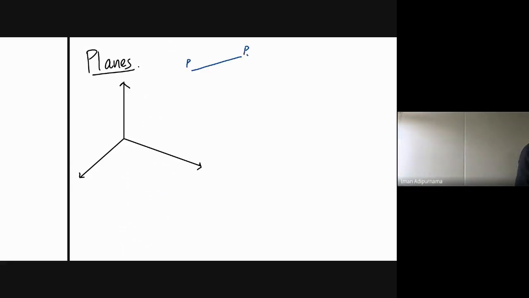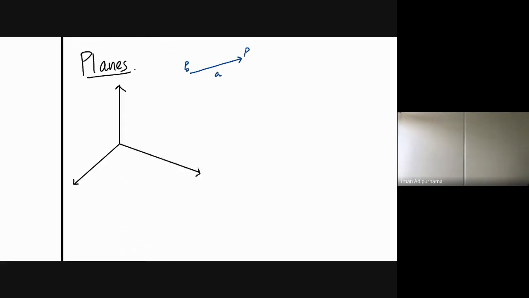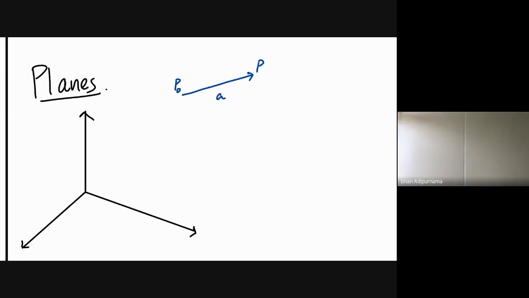So we have P and P0. If this is a vector, let's say this is A, we know it's a line because we have different positions, right?